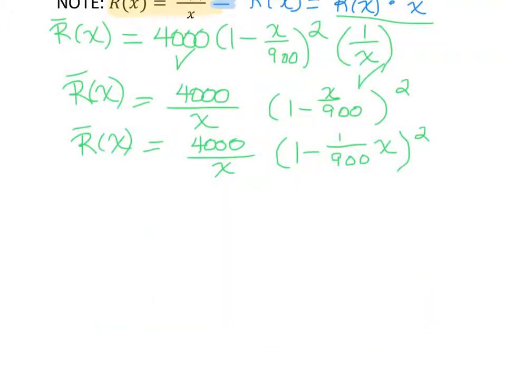So now that we have that, you should realize that we in fact have a product, and we need the derivative of our two pieces of our product. So the first factor is 4,000 over x, which we can also write as 4,000x to the minus 1 if we want to.